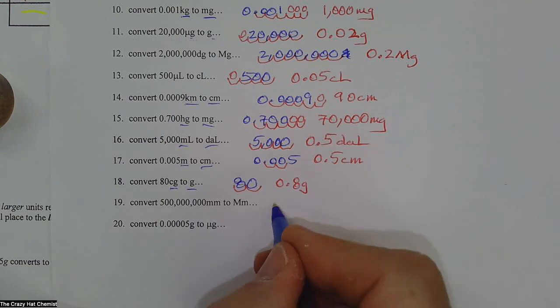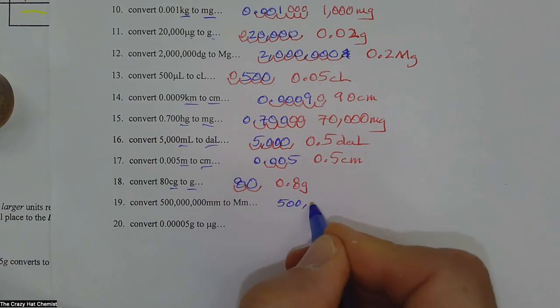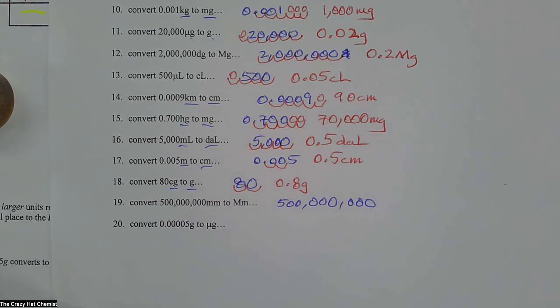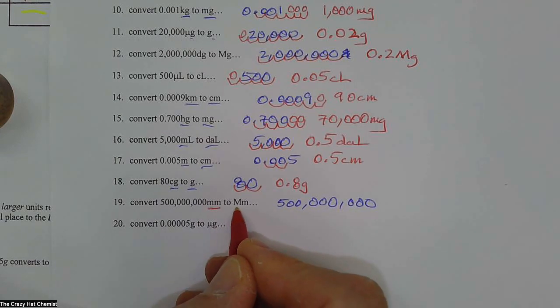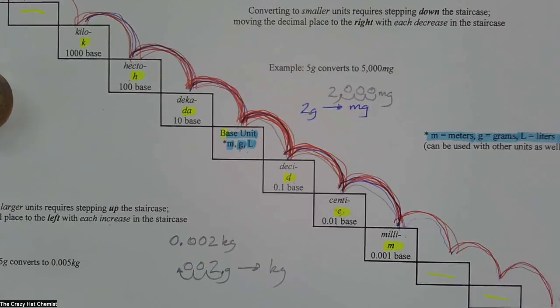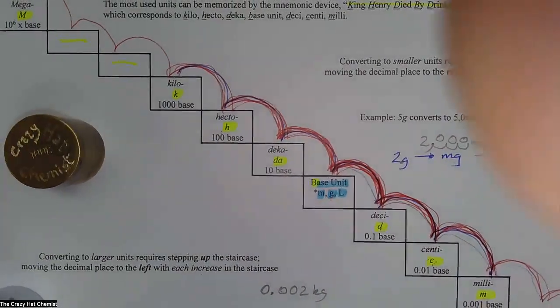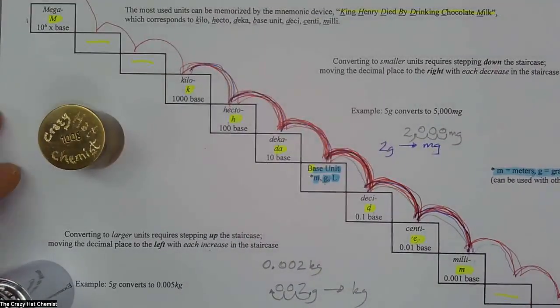And here we go. We got 500 million subscribers on the Crazy Hat Chemist YouTube channel. That's right, folks. Millimeters to megameters. So milli to mega. I'm going to have to zoom out just a little bit to have all this in here.